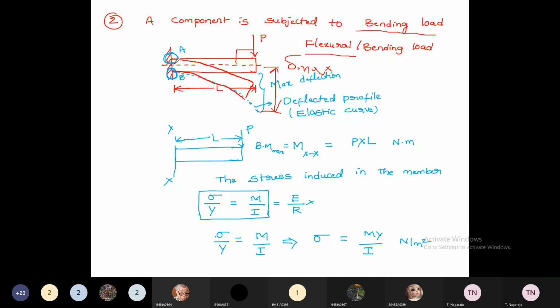So the layers on the top side of the neutral axis are subjected to tensile load, and the bottom side of the neutral axis is subjected to compressive load.